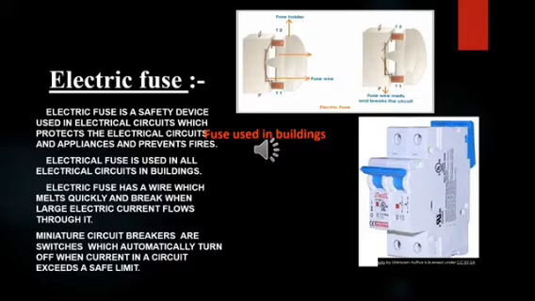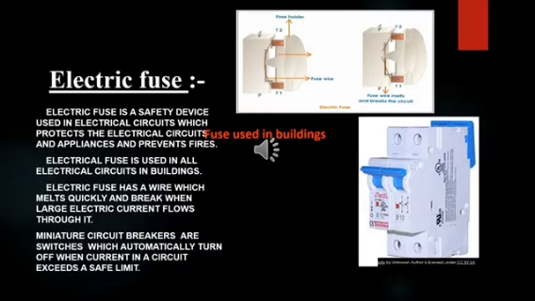The first picture on the slide is the fuse which is used in your houses, in buildings. Usually this fuse is directly connected to the main switch in your house, if you have observed carefully, in series with the main switch.